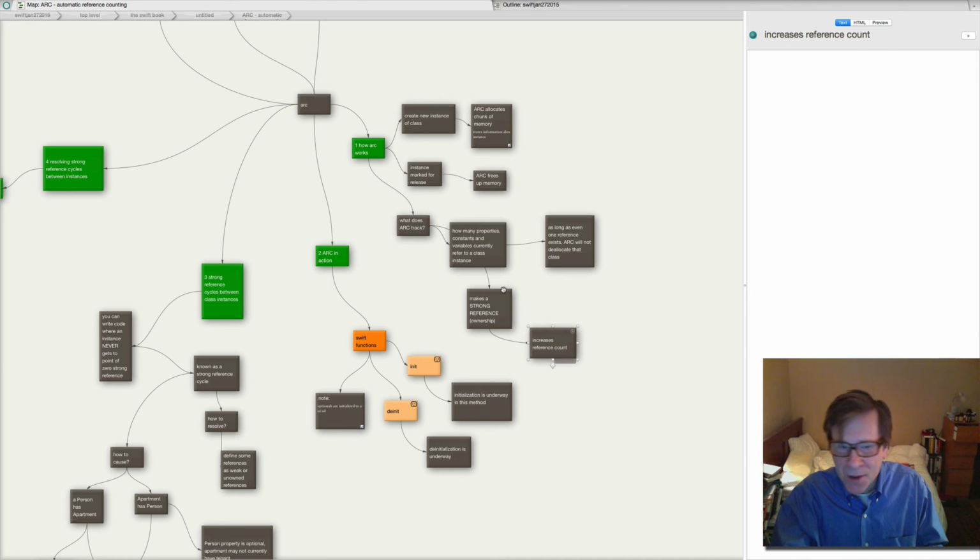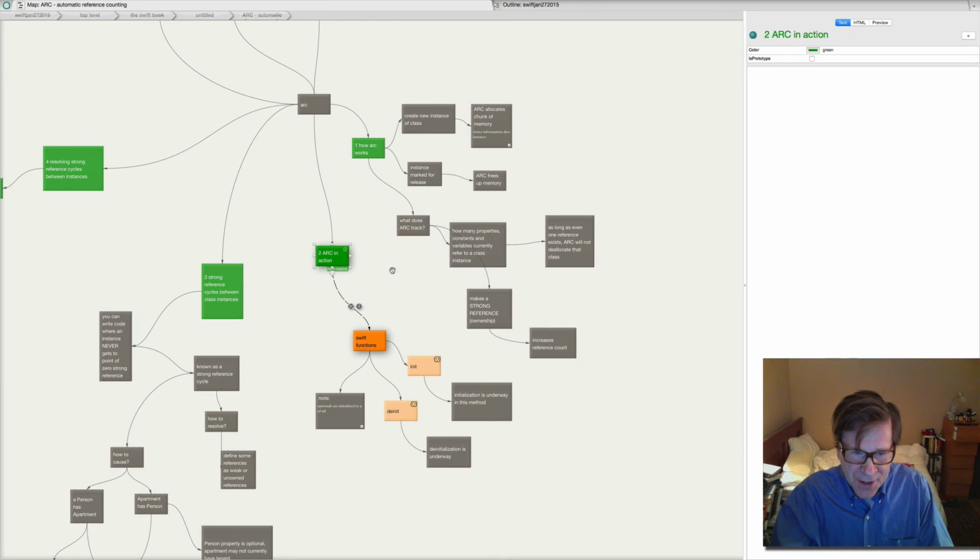If you have a weak reference, it's going to allow you to interact with the instance, but it's not going to affect the reference count. So you can deallocate even if a weak reference exists, where you cannot deallocate if a strong reference exists.